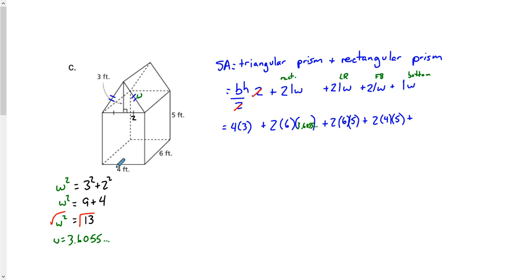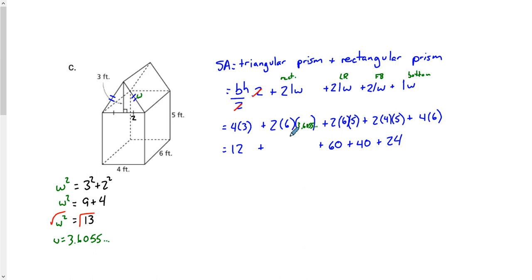And our base length and width would be the 4 by 6. So I can do a few things in my head. I'll leave that one just for a second. Let's see, that one should come out as 60. That one should come out as 40. And that one will come out as 24.